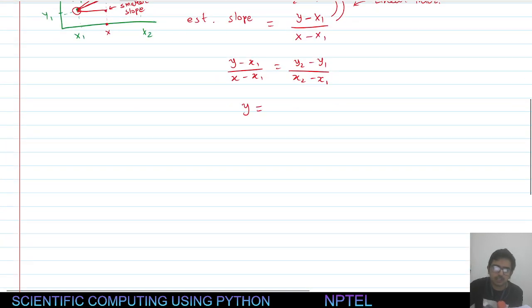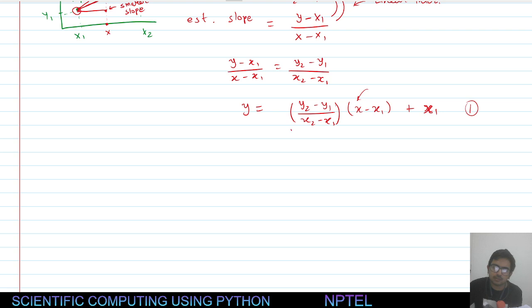So we get y as y2 minus y1 upon x2 minus x1 times x minus x1 plus x1. Alright. And you can rewrite it, you can distribute this term, etc. But this is one way to do, right?